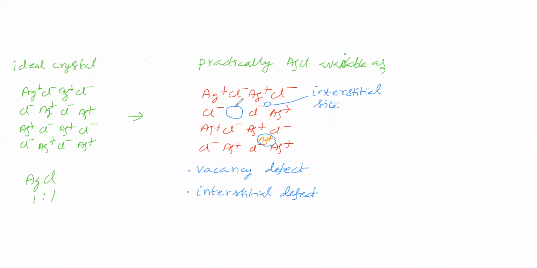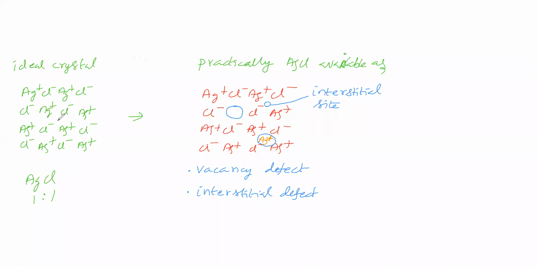And this Ag+ has gone to which place? The Ag+ missed here, but it has gone to this place. This place is called what? Interstitial site. Now, how are the interstitial sites present in this AgCl crystal? Here interstitial sites are vacant.